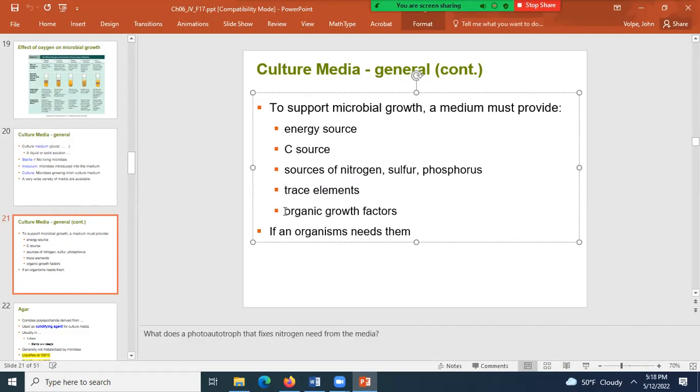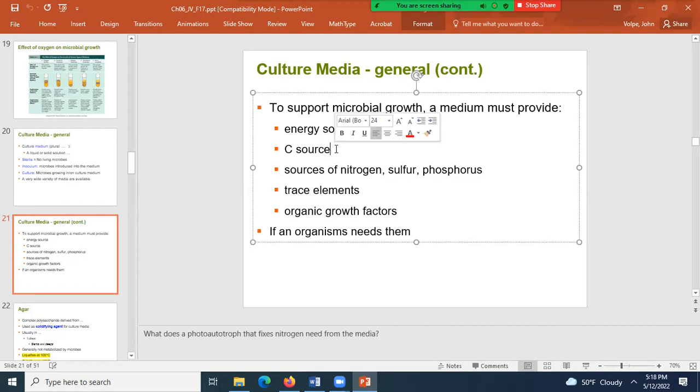Now, we've already mentioned that Streptococcus pyogenes and Haemophilus influenzae require organic growth factors. And those are supplied by the red blood cell that's added to a blood agar or chocolate agar. So if the organism needs these sources, it has to be supplied by the media.